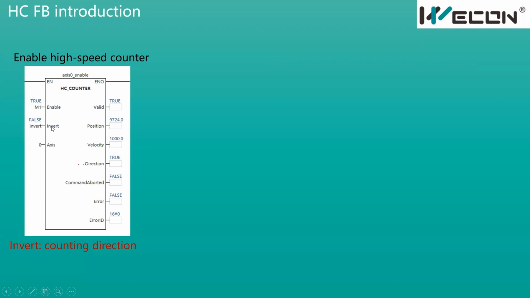And this invert is used to change the counting direction. And on the output side, we can see the position. This is the counting value in user unit, and also direction and velocity. It depends on the input frequency.